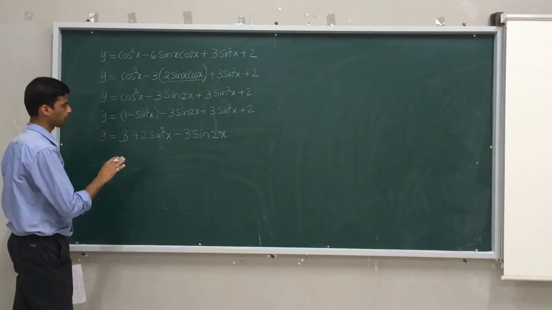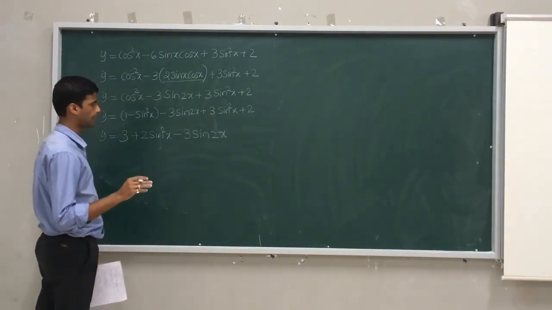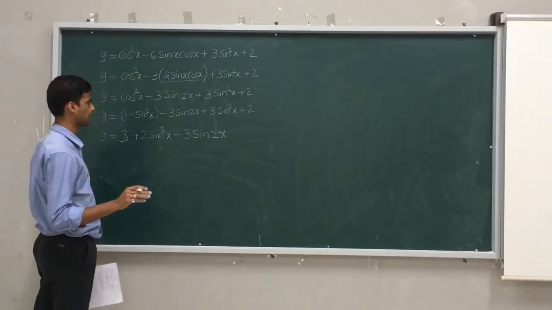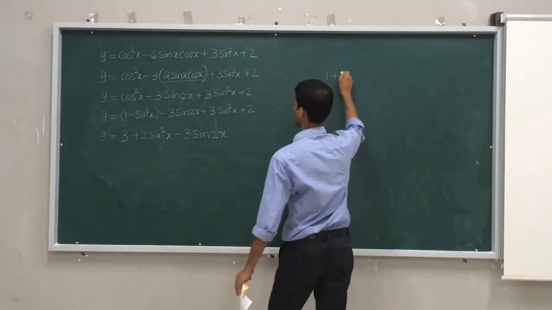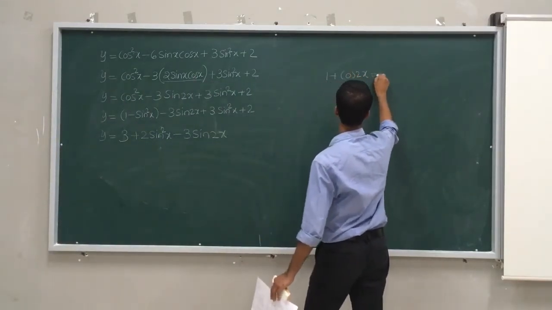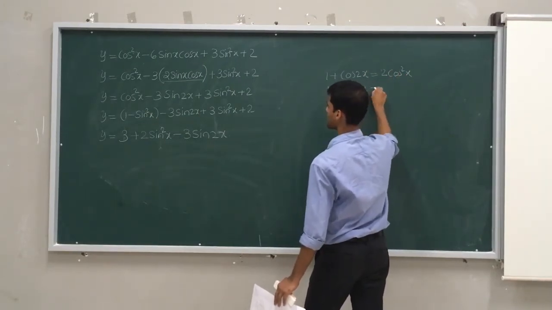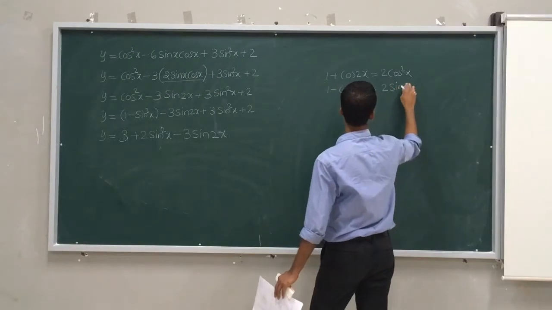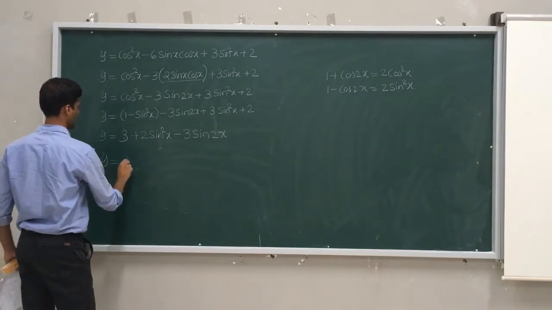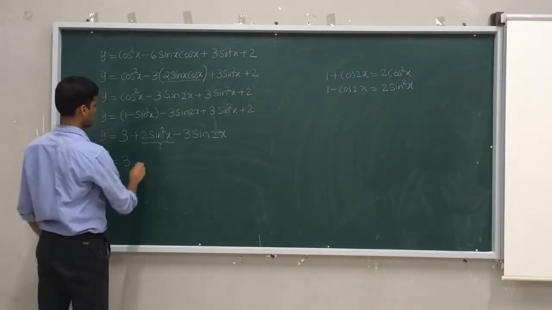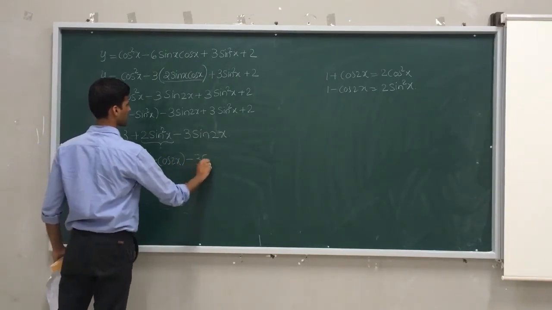We want to find it somewhat in the form of a cos x plus b sin x. In this way I want. So I know that 1 plus cos 2x is 2 cos square x, and 1 minus cos 2x is 2 sin square x. We all know this. So I will write 2 sin square x as 1 minus cos 2x minus 3 sin 2x.